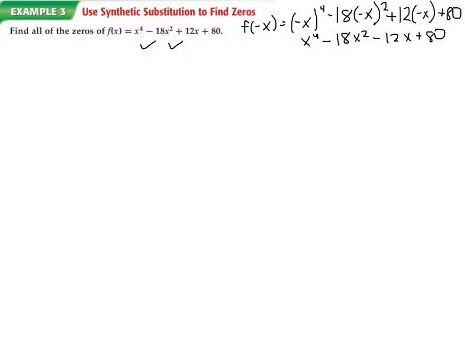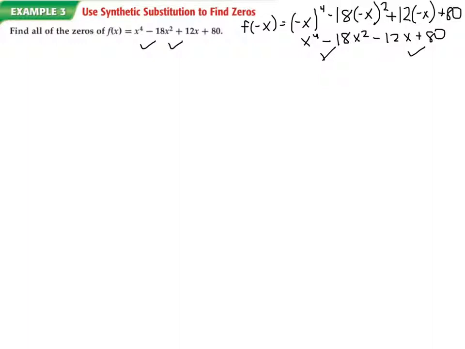Then we want to look at f of negative x. When we plug in negative x, anywhere there's an x, we end up with x to the fourth minus 18x squared minus 12x plus 80. We can see that we have a sign change from x to the fourth to negative 18x squared. We have a sign change also from negative 12x to plus 80.